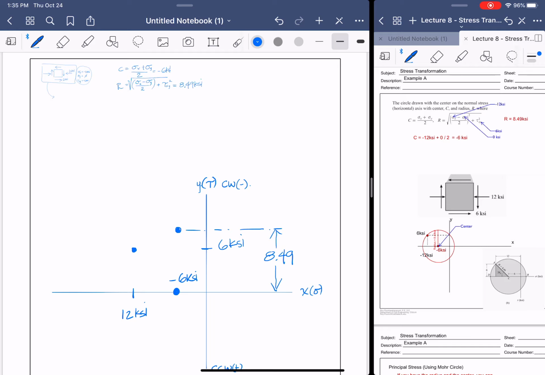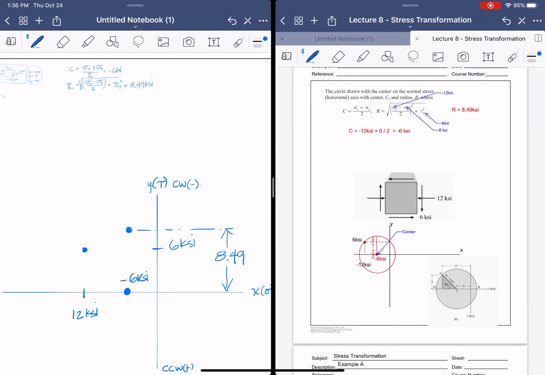Great. Now what we're going to be doing is drawing the maximum principal stress and the minimum principal stress. All that means is take your center and add your radius to get one, and then subtract it to get the other, which will give one minimum principal and one maximum.